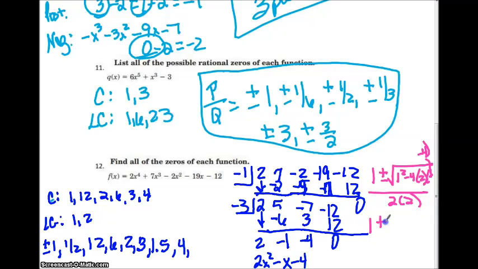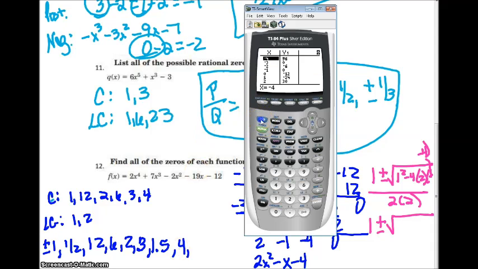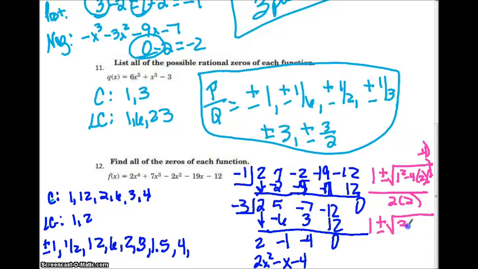So it becomes 1 plus or minus the square root of, go to your home screen, and you have 1 squared minus 4 times 2 times negative 4. And you get 33. All over 2 times 2 is 4.